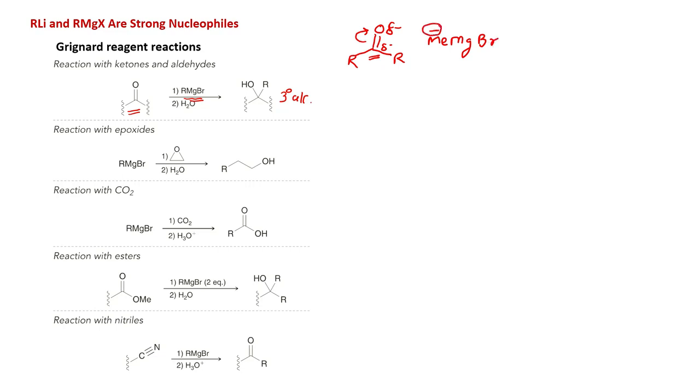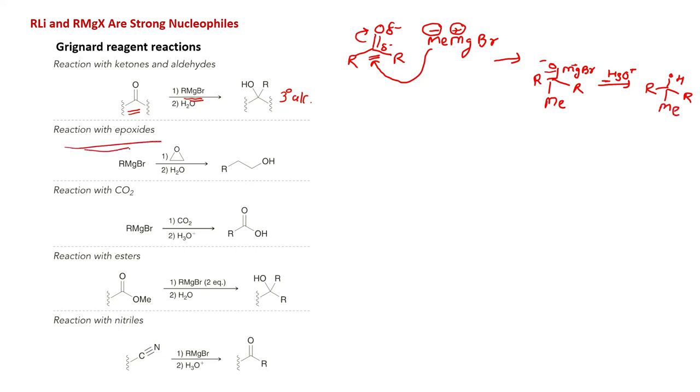This methyl has negative charge, magnesium has positive charge, so your nucleophile will attack on this carbocation. It will give you R, C, O negative, MgBr, and this R and methyl. Now what happens if you treat it with H3O plus? This oxygen will abstract one hydrogen and you will get your tertiary alcohol.